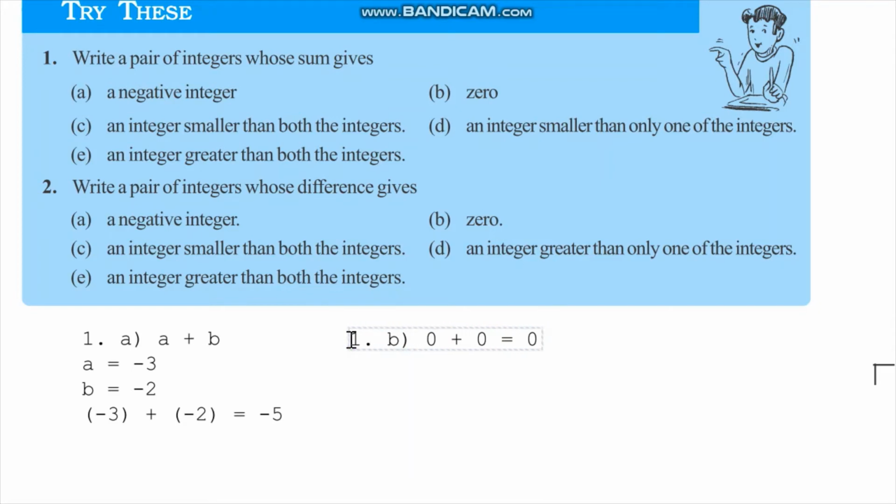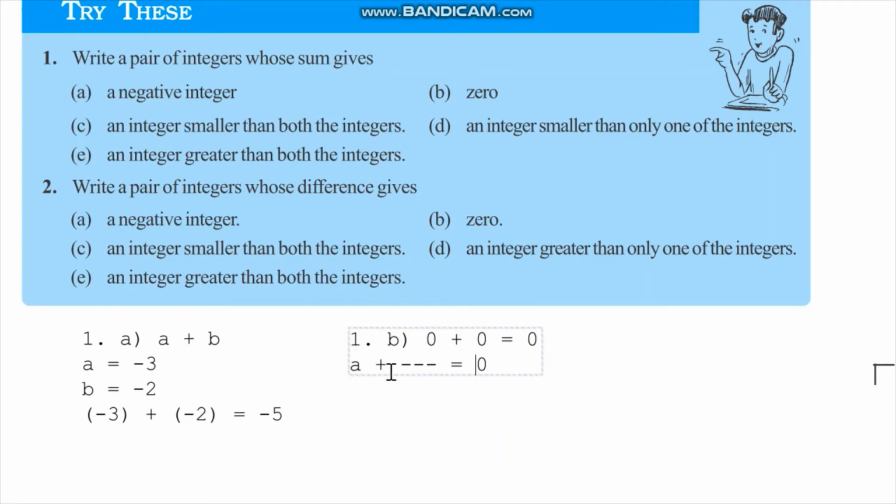In that situation, the sum is definitely 0. However, in a situation where you are taking a non-zero integer, when would their sum be equal to 0? For example, you take any integer a and you're adding something to it, I'll just put a dash here. You want the sum to be equal to 0.